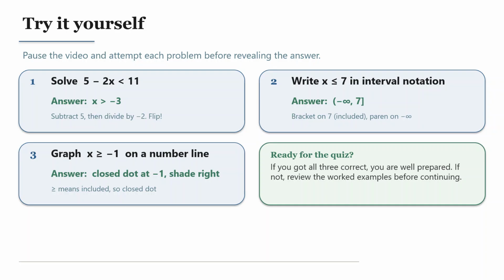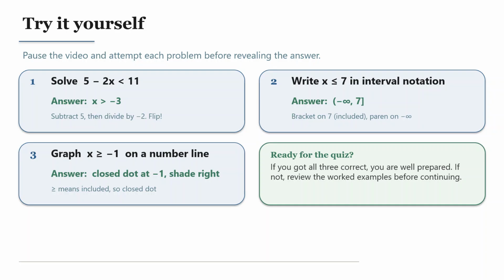Problem 2. Write x is less than or equal to 7 in interval notation. The answer is, open parenthesis, negative infinity, comma, 7, close bracket. Negative infinity always gets a round parenthesis. 7 gets a bracket because it is included by the less than or equal to.